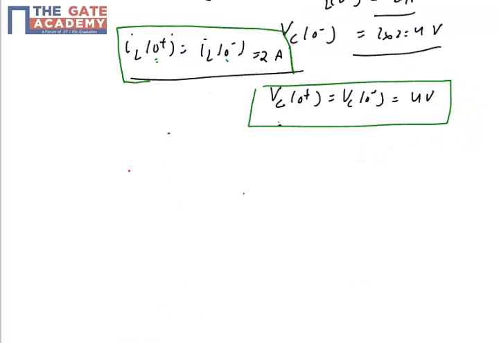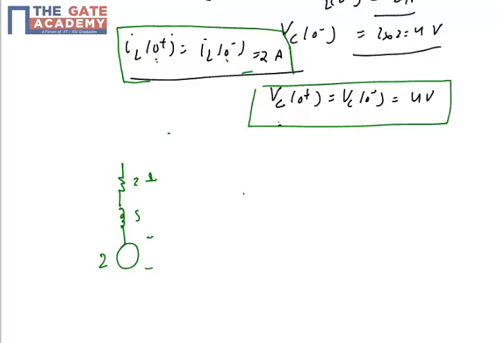So let's draw the proper diagram at t greater than 0. You will get a 2 ohm with an inductor s, followed by its source L i(0 plus), which in our case is 2 ampere.